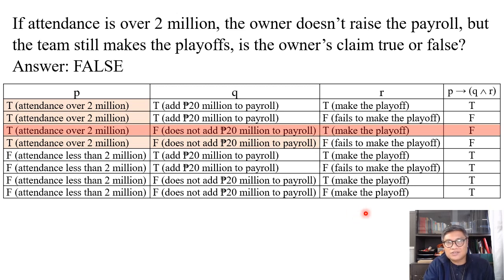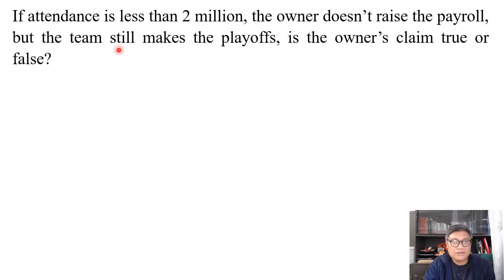Okay, so another one, and this will be the last. Again, if attendance is less than 2 million, the owner doesn't raise the payroll, but the team still makes the playoffs. Again, the word but is a conjunction. This is the same as and. Is the owner's claim true or false?